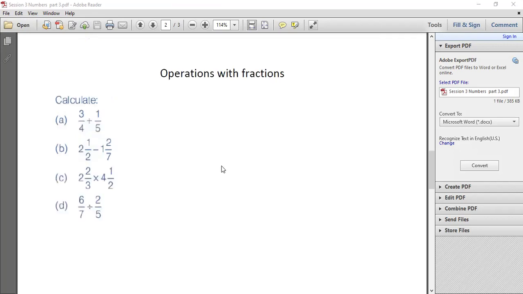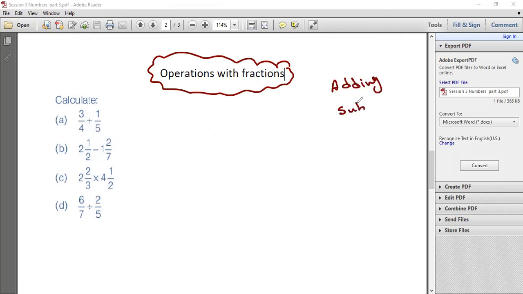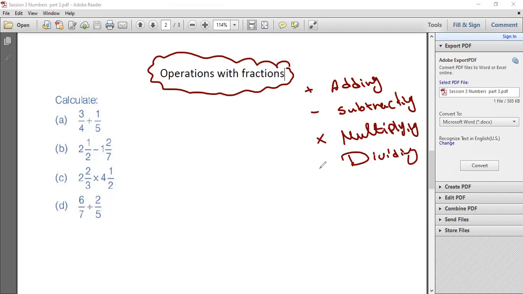So today, guys, we have a new thing. It's operations with fractions. You're going to solve in the exam some problems related to the 4 operations: adding, subtracting, multiplying, and dividing, with both decimals and fractions.